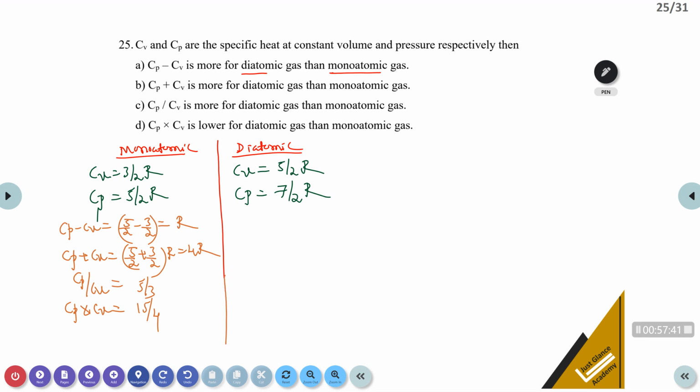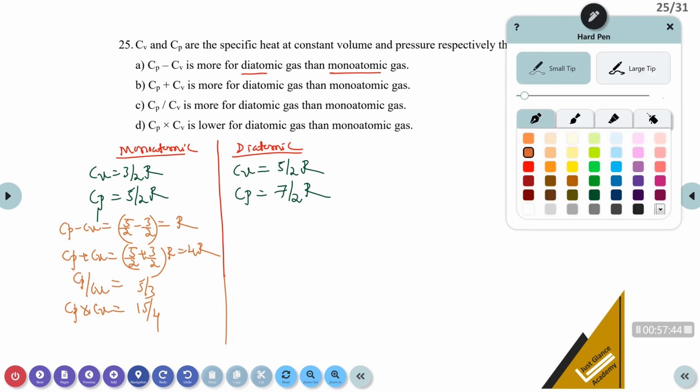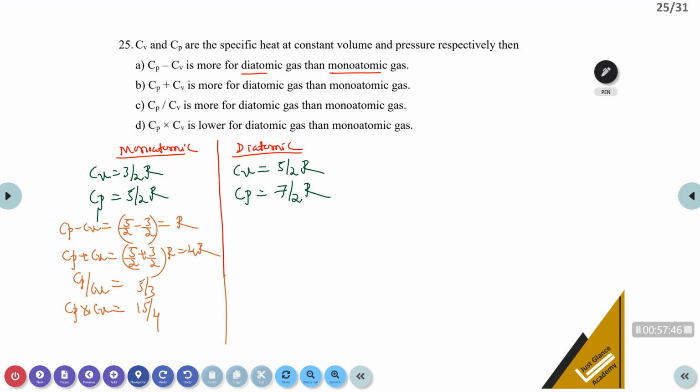Next, similarly, you calculate for diatomic gas. Cp minus Cv equal to 7 minus 5 by 2, that is R. Next, Cp plus Cv: 7 plus 5, 12 by 2 equal to 6R. Then Cp by Cv equal to 7 by 5.